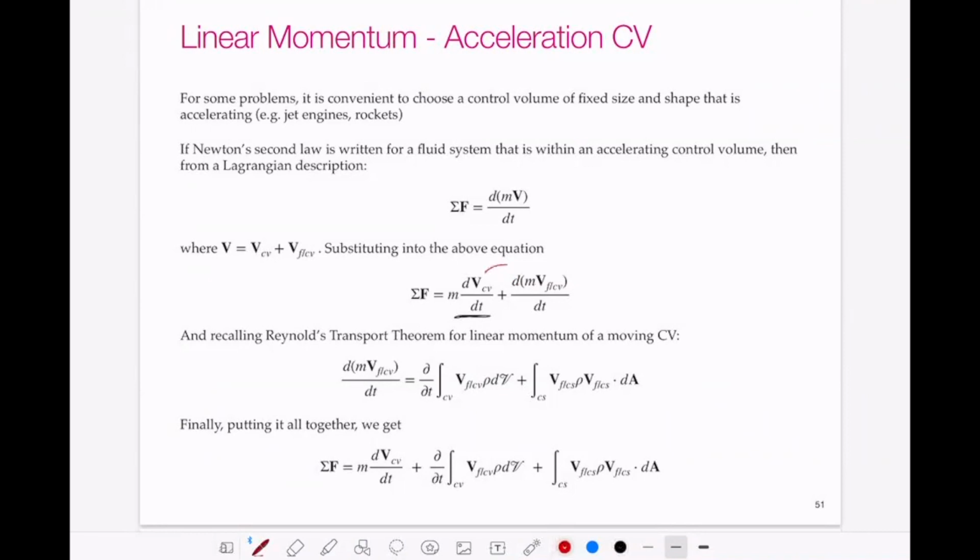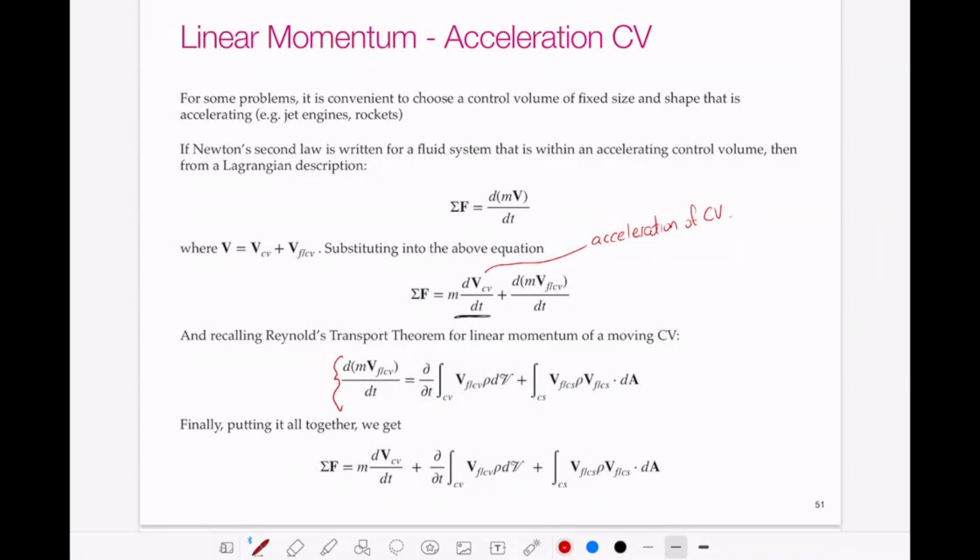I'll make a note here. Acceleration of CV plus the total derivative time rate of change of the mass times the velocity of the fluid with respect to the control volume divided by dt. So if we now input this into Reynolds transport theorem for linear momentum, we recognize that the last term is the equation for the time rate of change of our momentum of the system of fluid, and that's equal to our Reynolds equation for linear momentum.